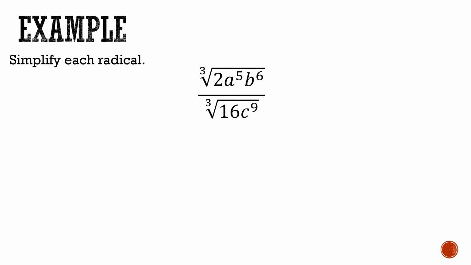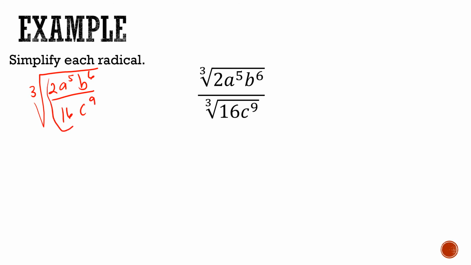Next is the cube root of 2a to the 5th, b to the 6th over the cube root of 16c to the 9th. So again, we will be writing this as cube root of 2a to the 5th, b to the 6th over the 16c to the 9th power.